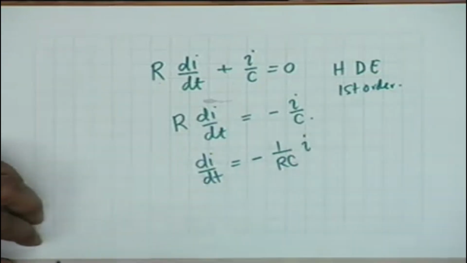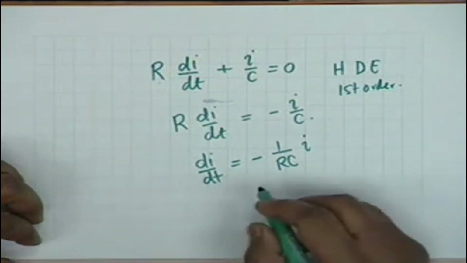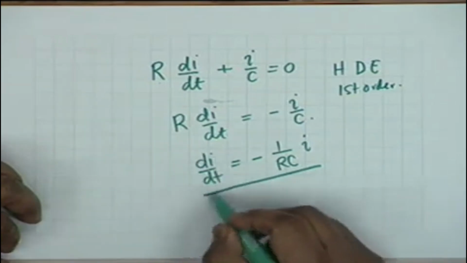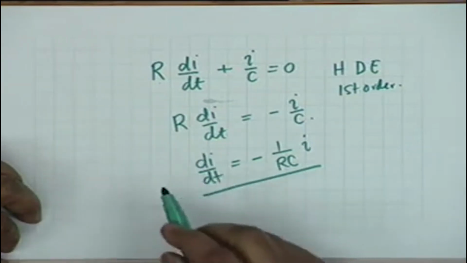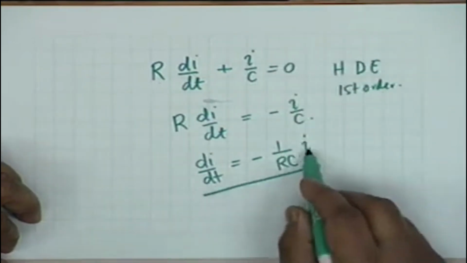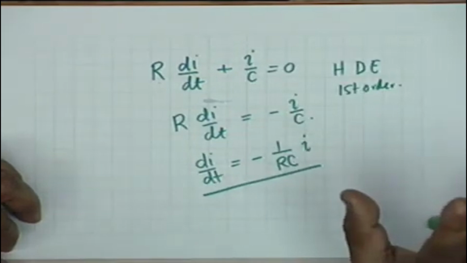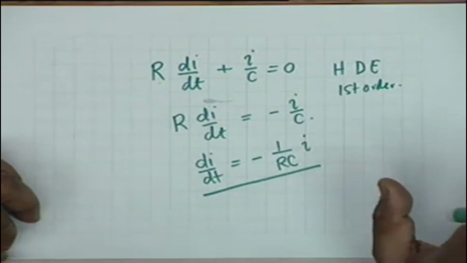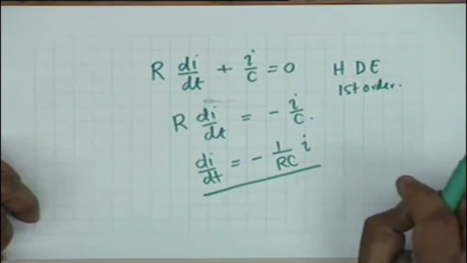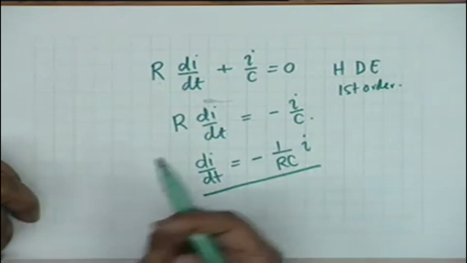But no, we are not going to do that. What we are going to argue is, now comes the physical picture into the situation. What we argue is that my solution must be of a form such that di/dt and minus i by RC must be identical, and a function which eminently qualifies for this kind of a job is the exponential function.